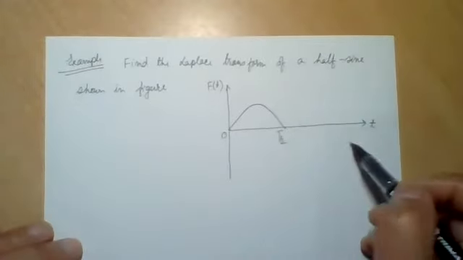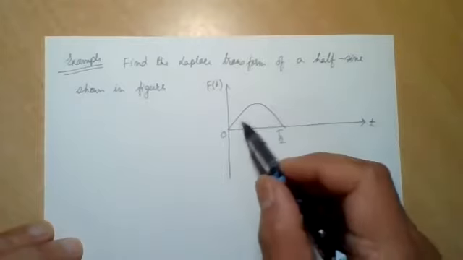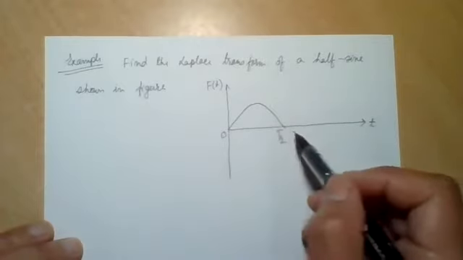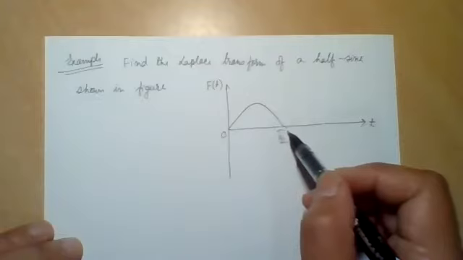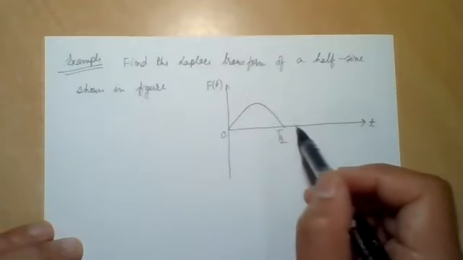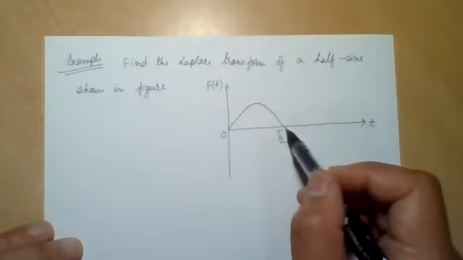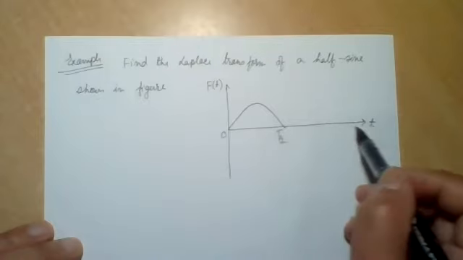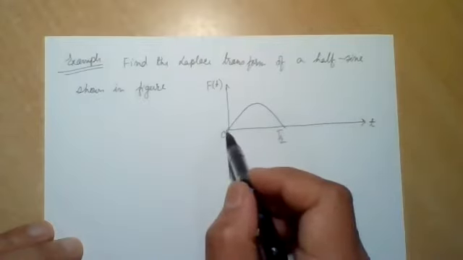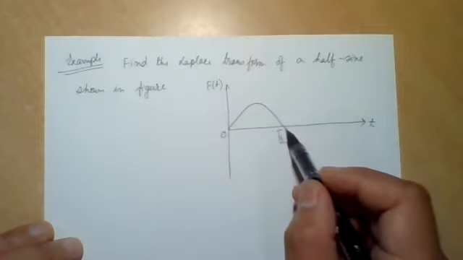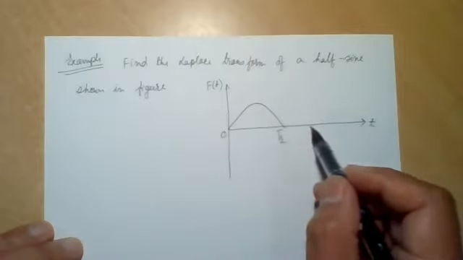There are no further branches here. It starts at 0, it ends at t by 2. Then there are no further graphs. For t greater than t by 2, it goes to 0. So it was 0 for t less than 0, and it is again 0 for t greater than t by 2.